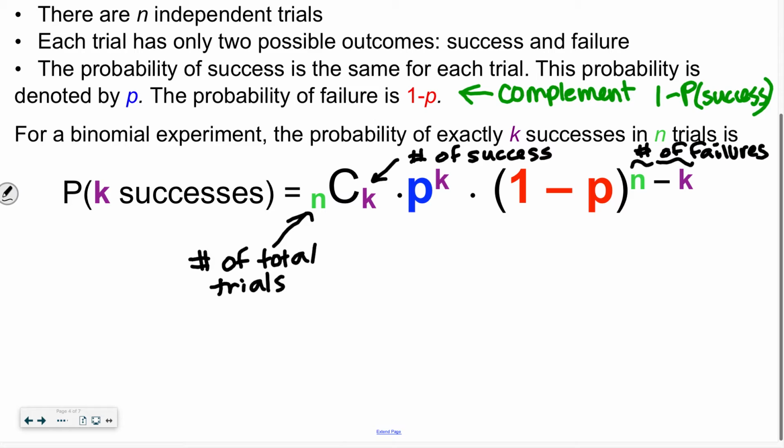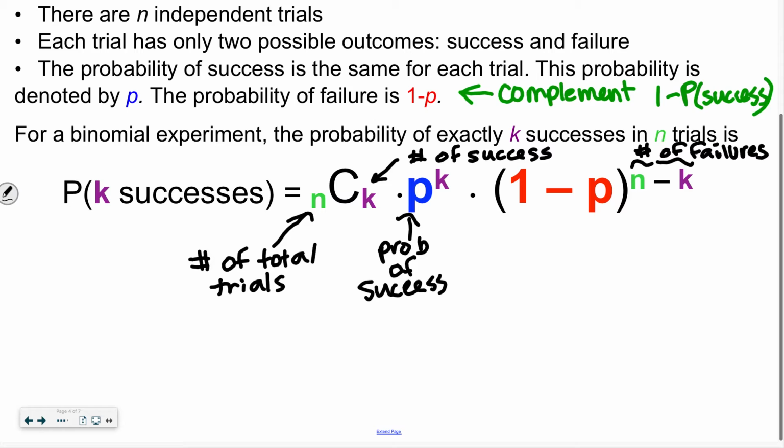And then the only thing left that we have are the P's and the 1 minus P. Remember, P is the probability of success. So you do your total trials, choose your successes, and then you take your probability of success and you raise it to the number of successes.